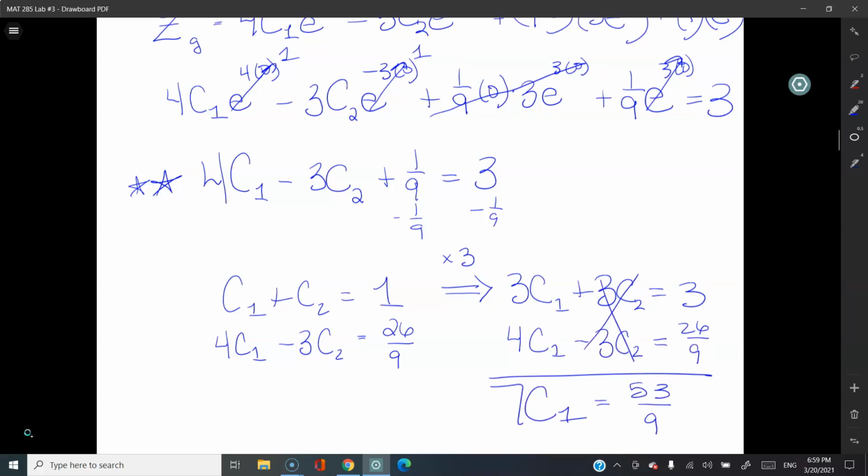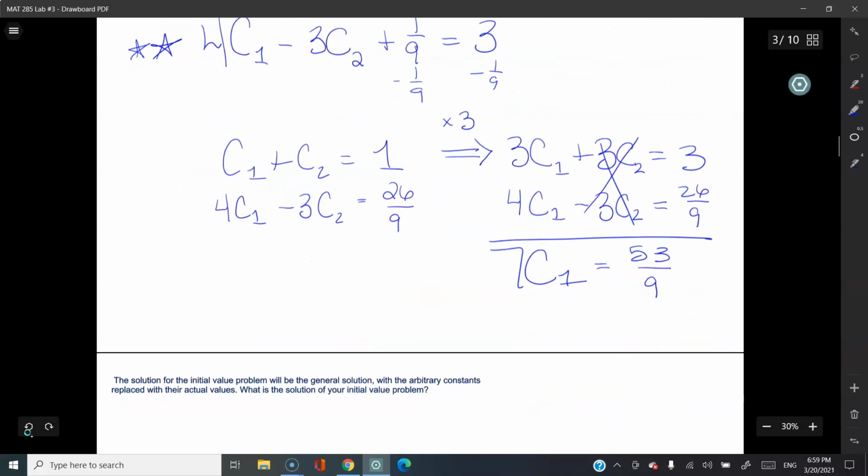When we add our two equations together, I'm left with 7 times c1 is equal to 53/9. And if we divide both sides by 7, I get that c1 is equal to 53 over 63.